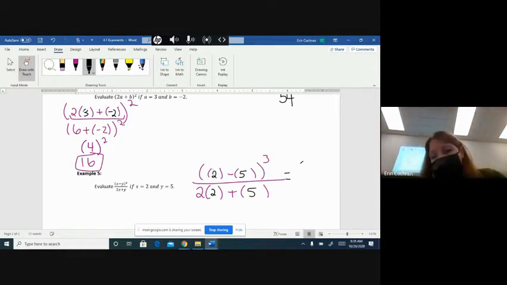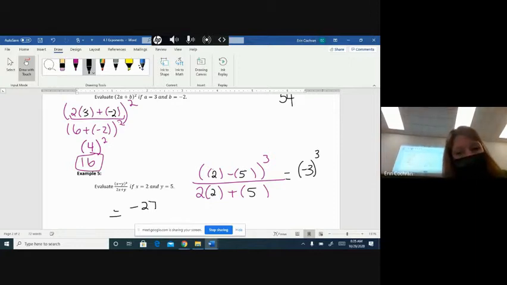What is 2 minus 5? -3 cubed. So I'm going to keep working in the numerator. So -3 cubed means -3 times -3 times -3. So we have 3 negatives. Is my answer going to be positive or negative? Negative, and we're going to get a -27. Good.